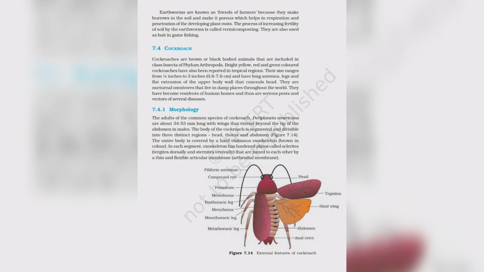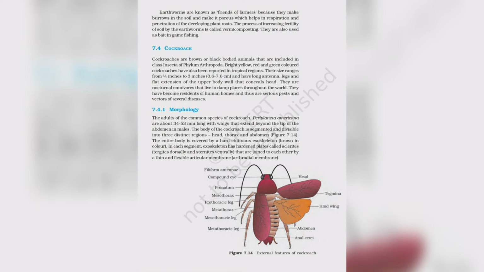7.4 Cockroach. Cockroaches are brown or black bodied animals that are included in class Insecta of phylum Arthropoda. Bright yellow, red and green colored cockroaches have also been reported in tropical regions.